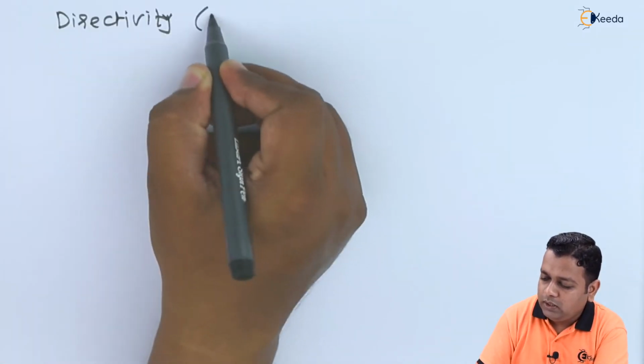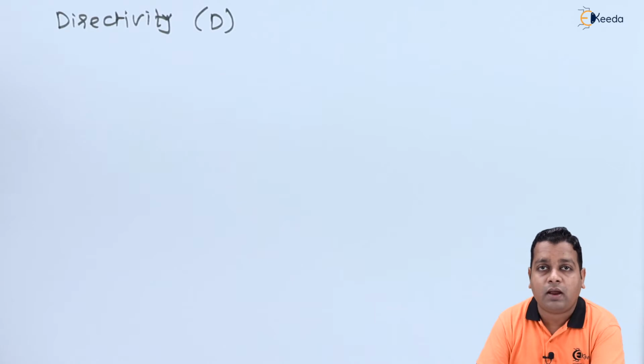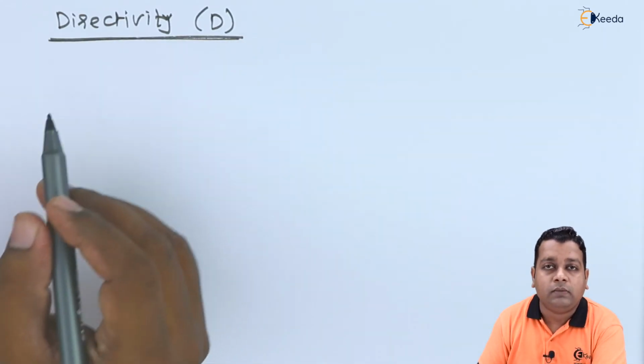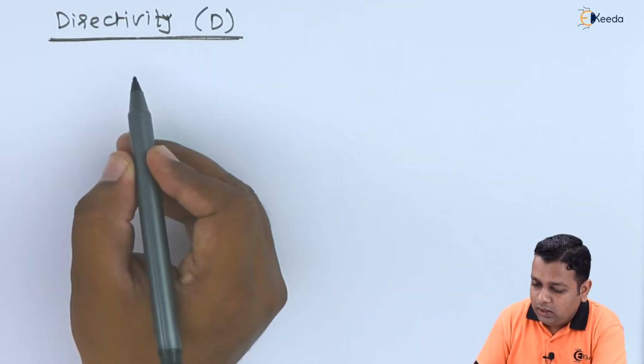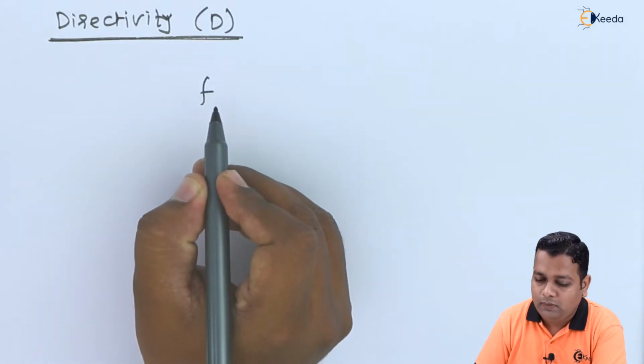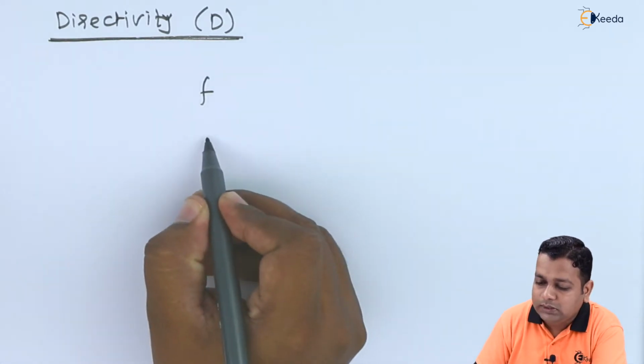Now the other performance metric for the directional coupler is called directivity, denoted by capital D. When we talk about the powers associated with the primary waveguide and the secondary waveguide, we define the directivity D to be the measure of how well a forward traveling wave in the primary waveguide will be coupled with the secondary waveguide.